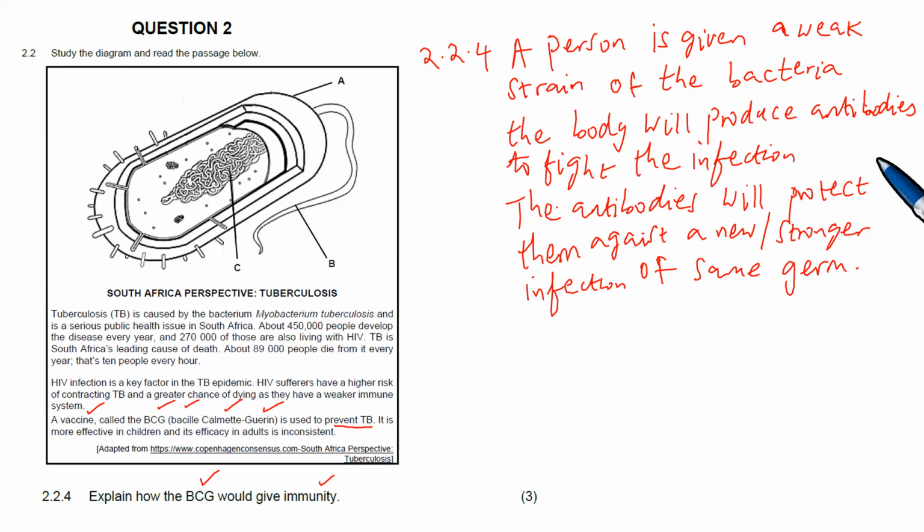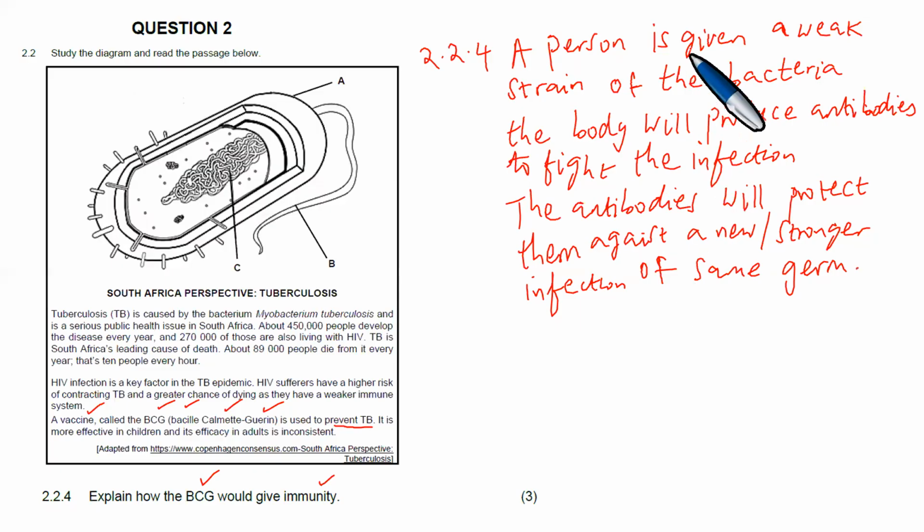When the body produces antibodies, the antibodies will protect them against a new, stronger infection of the same germ. So when the body is busy producing antibodies, it's busy fighting the infection that has been put into the children.